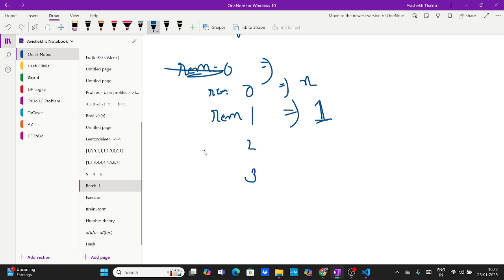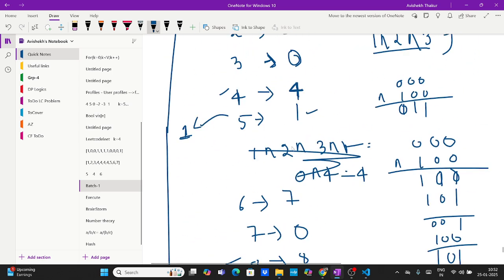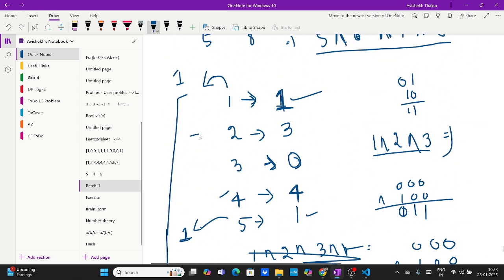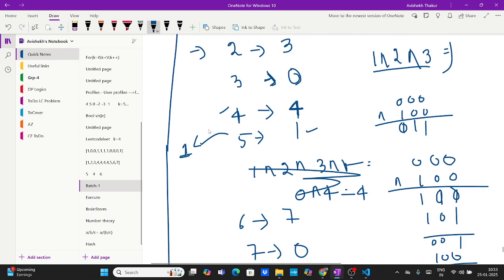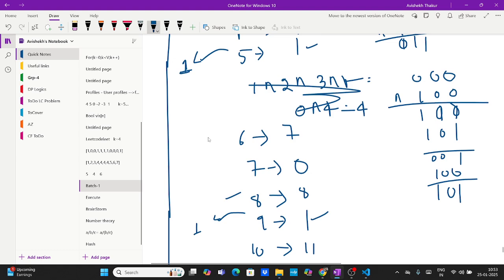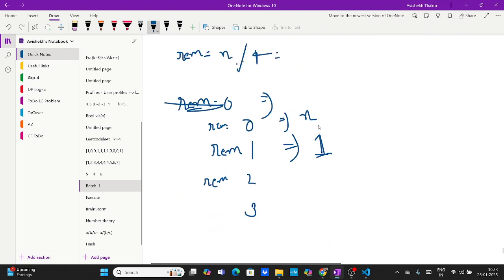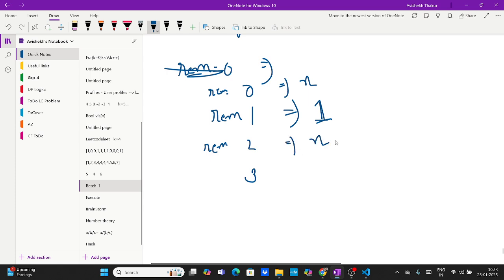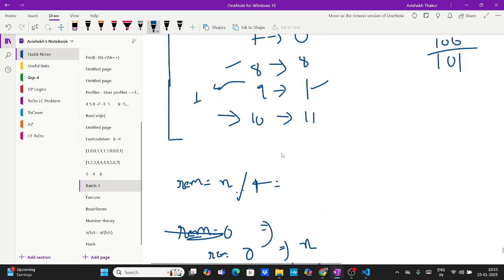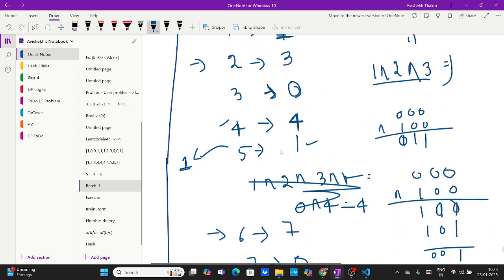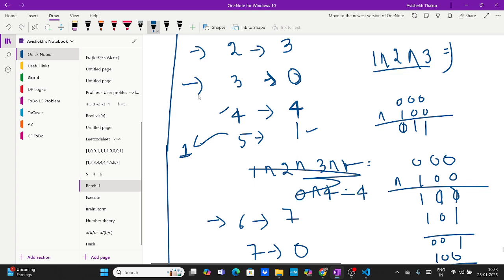Next, remainder 2, then 3. Next element, n plus 1. Zero. Zero.